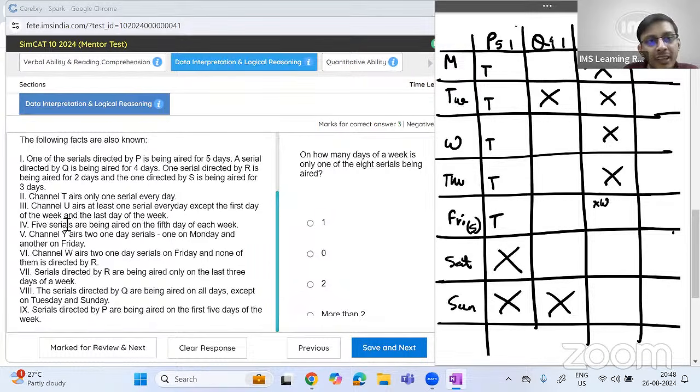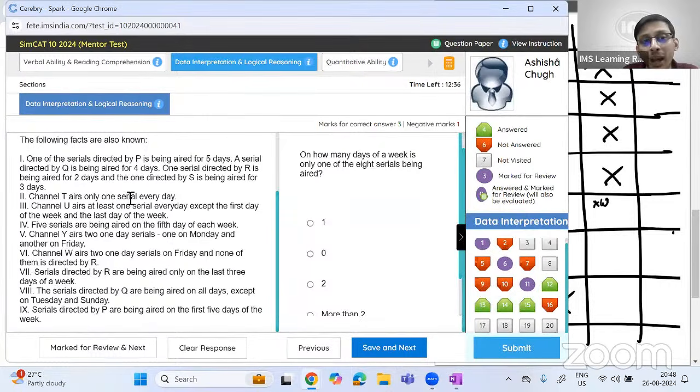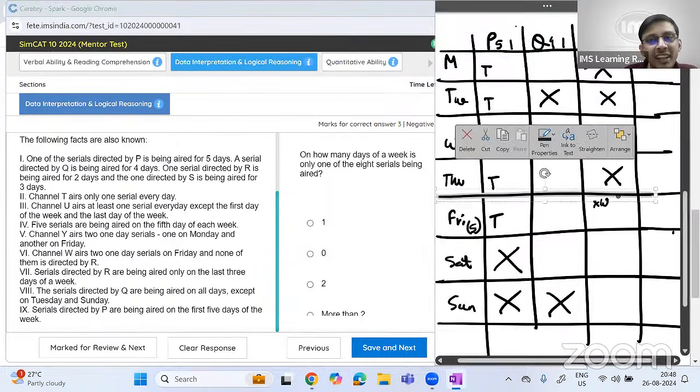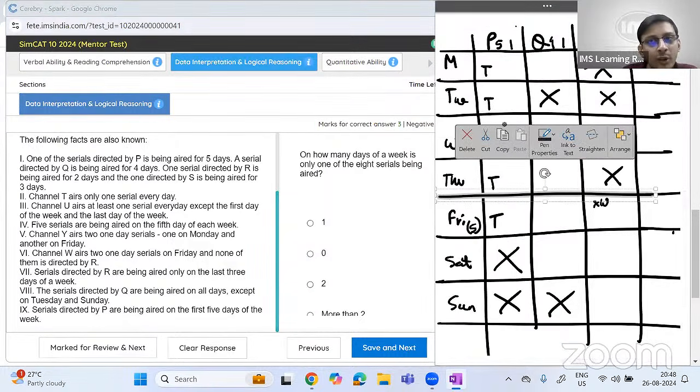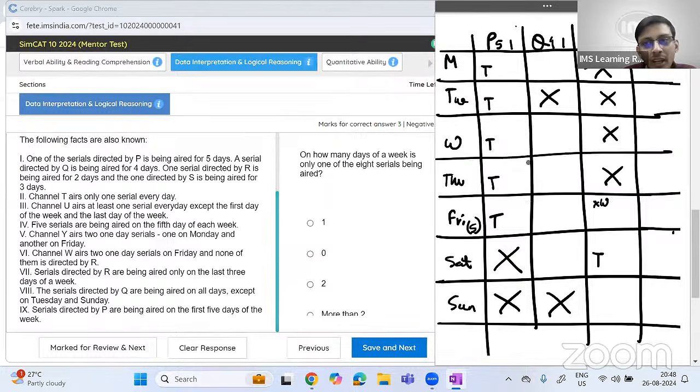We have 5 days of the week, but T has only one serial every day. So I think we'll need to have it for Saturday and Sunday also. We already have one serial on T, so we need one more, which means just 2 days, Saturday and Sunday. So we should have T here.